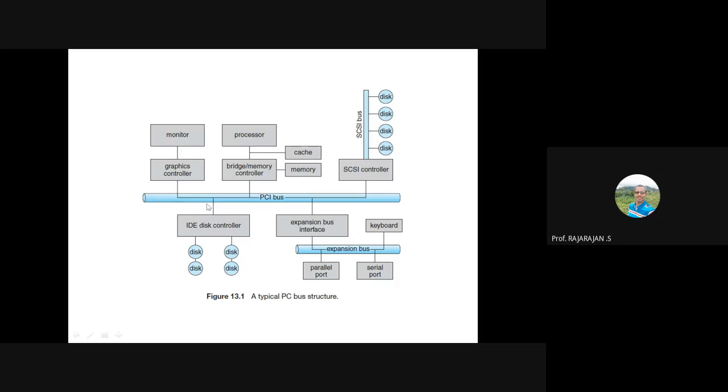For example, you can see here that this cable runs across the board, and processor, cache memory, main memory, the disk memory, keyboard, they are all interconnected into the bus, and as a result, anything can communicate with anything else. So if the processor has to send an output to the monitor, it will send that data through the PCI bus to the monitor. So that is the idea of a PCI bus.